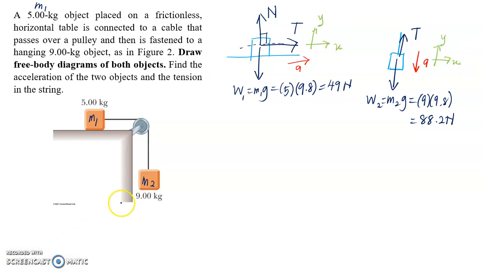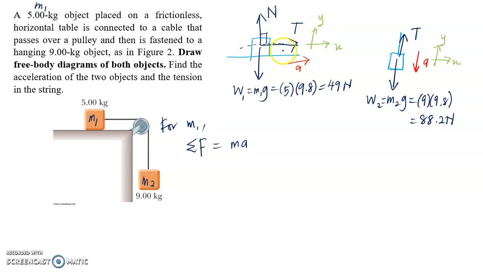Now we're going to apply Newton's law for each component of both masses. Let's start with mass 1. For mass 1, we start with the x component, and we can see here there will be acceleration along the x component. With that, we're going to be using Newton's second law of motion, which is the summation of force is equal to ma.